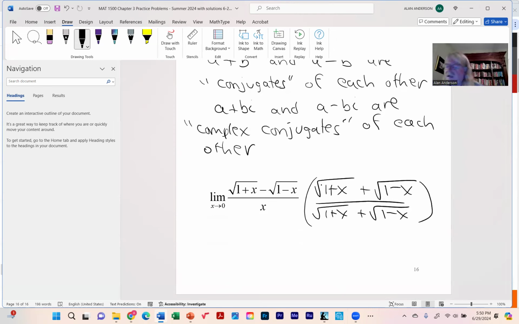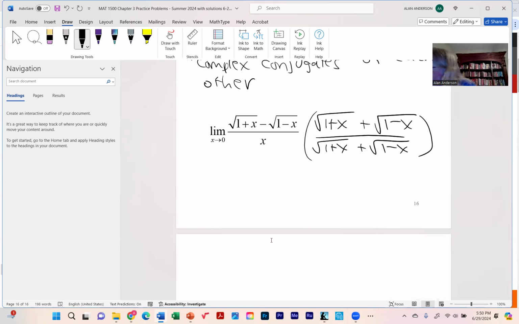Now, the beauty of having conjugates like this is that when you multiply them together, you're going to end up with this.